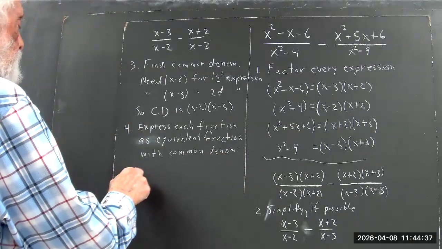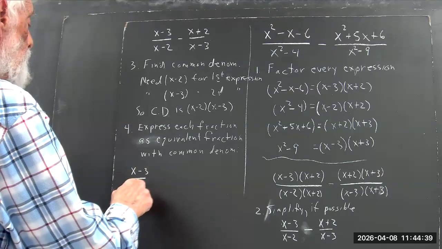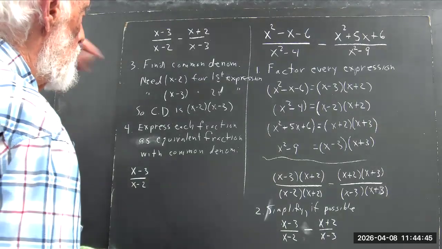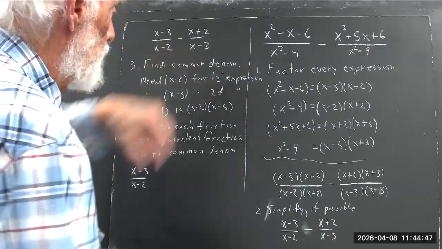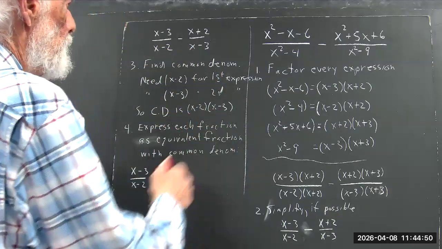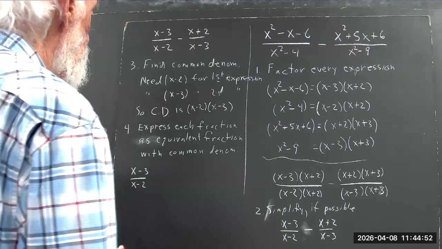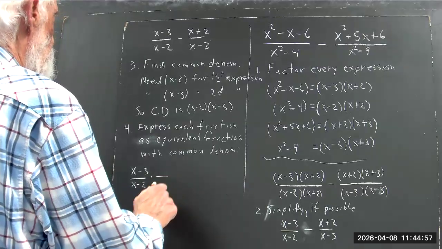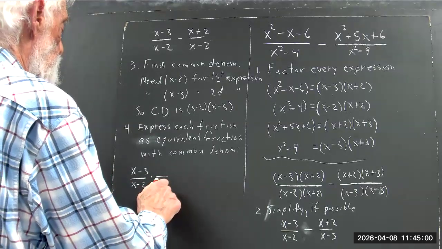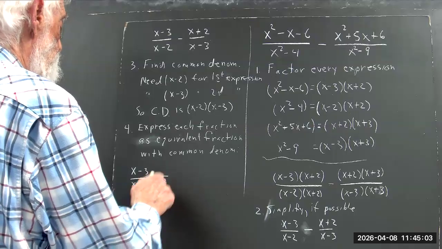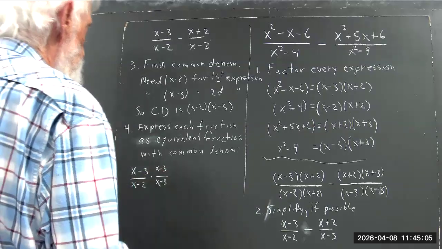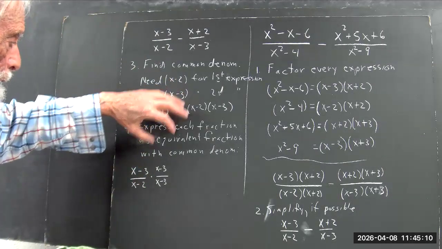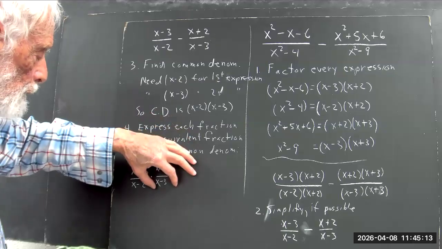So let's write out our first expression, x minus 3 over x minus 2. If we want the denominator to be x minus 2 times x minus 3, then we're going to have to multiply by some expression with the denominator x minus 3. The expression that we can use to get the equivalent fraction is x minus 3 over x minus 3.